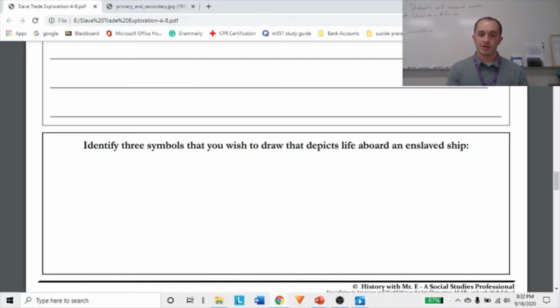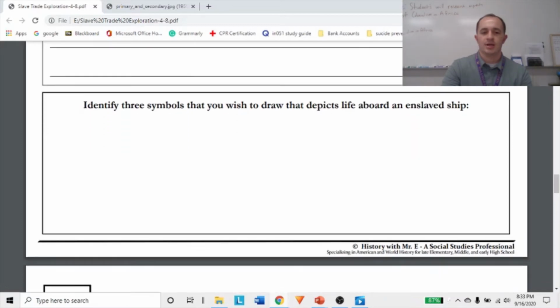So like you had to find a picture, you need to draw out, which I understand isn't going to be the greatest with the internet and using your finger or a stylus to try and do this, but we're going to do our best and persevere, and I'm not going to care too much about how artistic you are as long as you have 3 symbols.